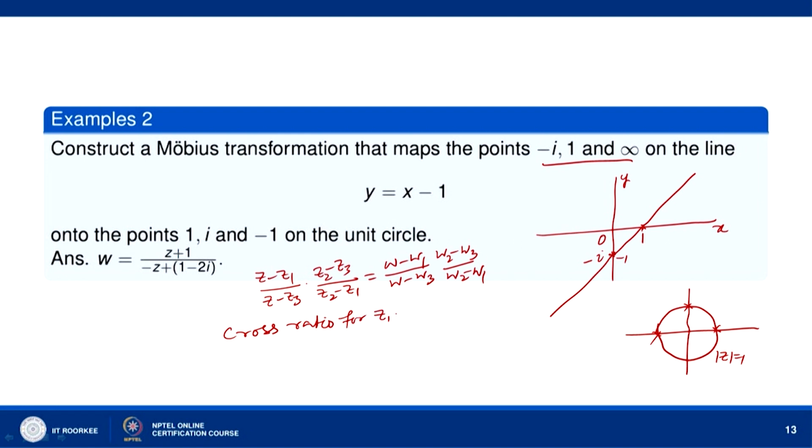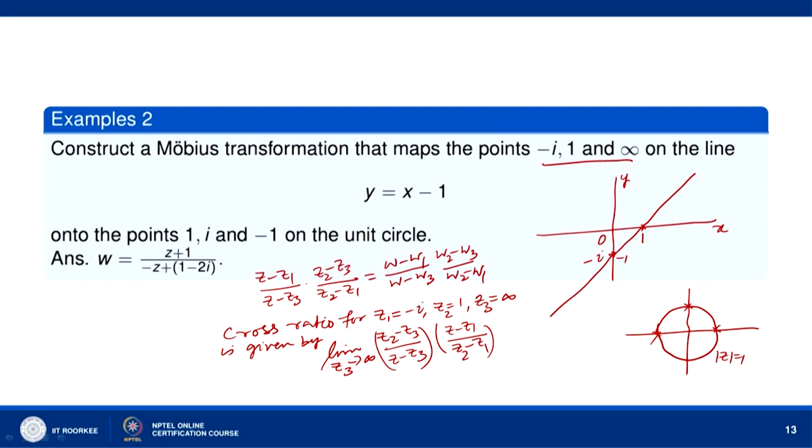For z1 equal to minus i, z2 equal to 1, z3 equal to infinity, we take the limit as z3 tends to infinity of (z2 minus z3) divided by (z minus z3) into (z minus z1) over (z2 minus z1).